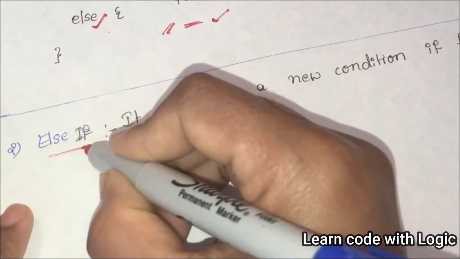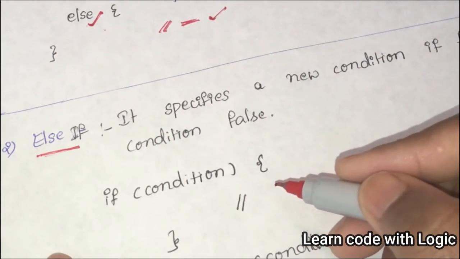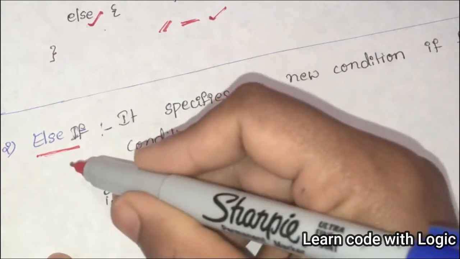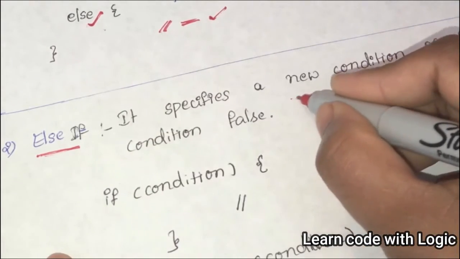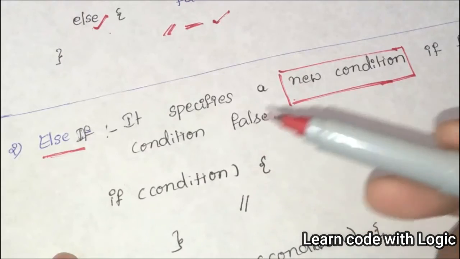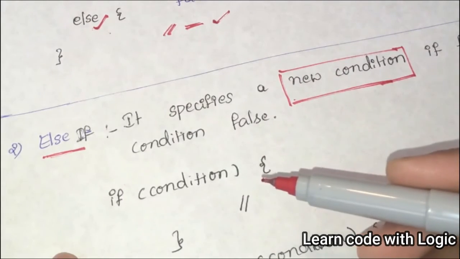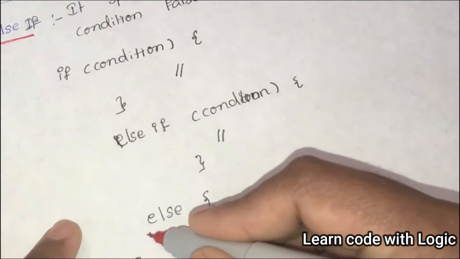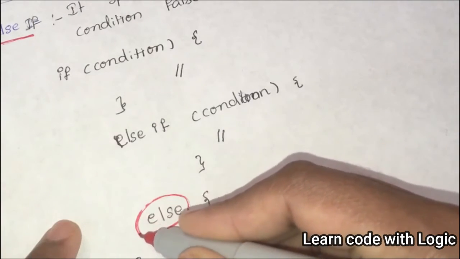Now let's see what is else if. If checks the condition, right? If that condition is false, then else if also checks a new condition. Suppose if and else if both conditions are false, then else comes into the picture.